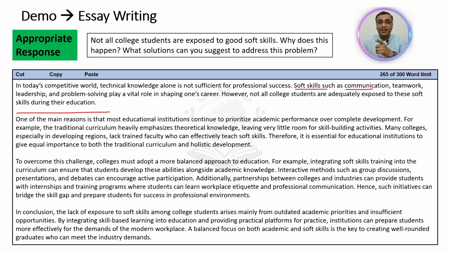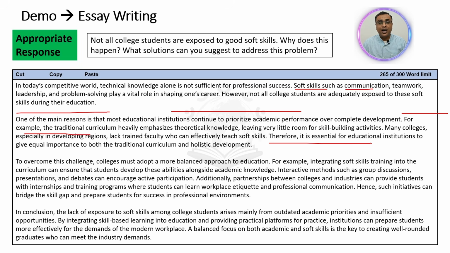And also I have addressed why does this happen, which is nothing but why soft skills is not given to the college students, because institutions continue to prioritize academic performance rather than soft skills. Additionally, I have substantiated my idea 1 with an example and then concluded my idea 1.